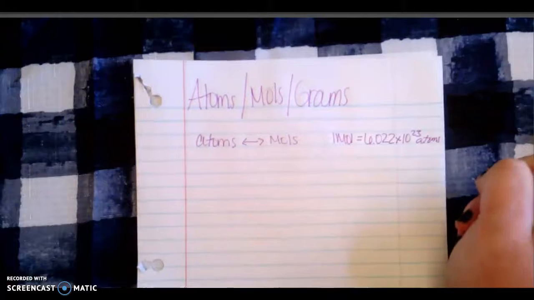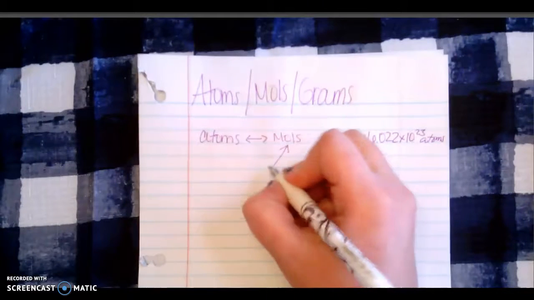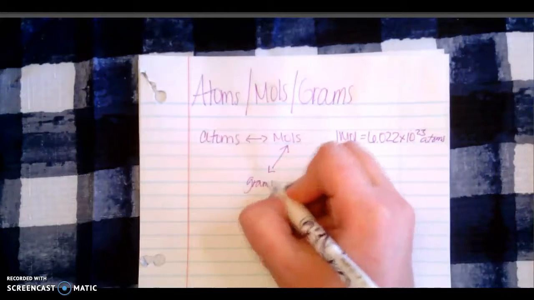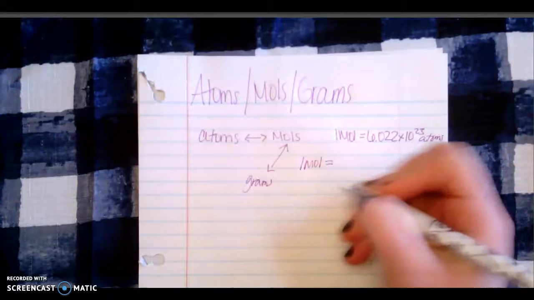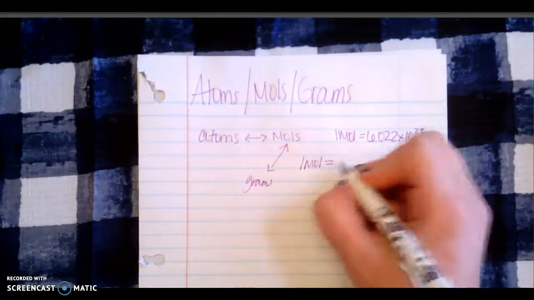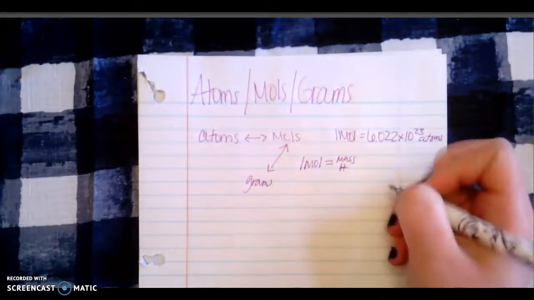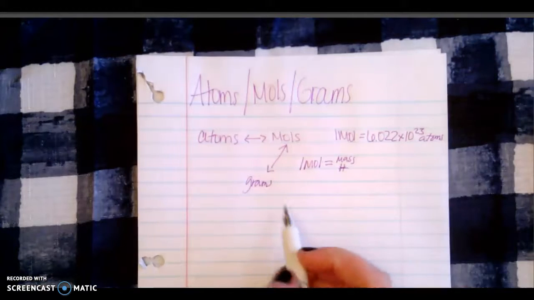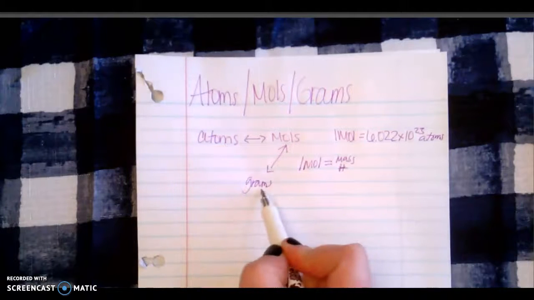I know that I can go from moles to grams because 1 mole is that number from the periodic table, that mass number. However, there isn't a way to directly go from atoms to grams.